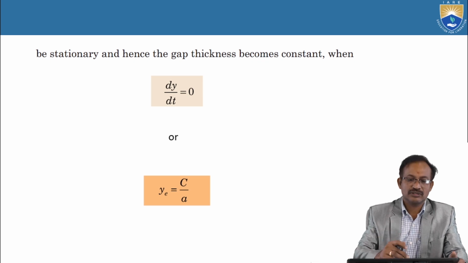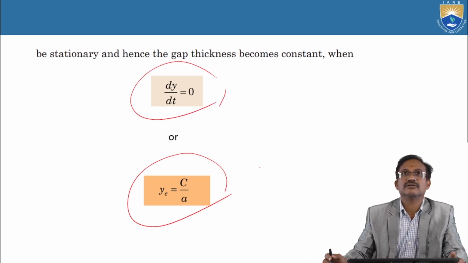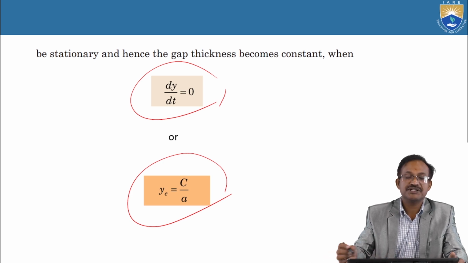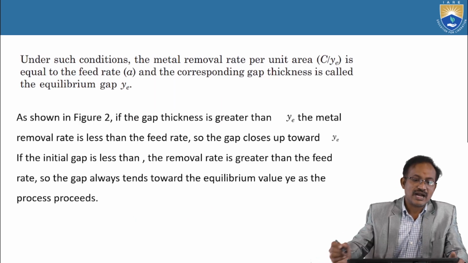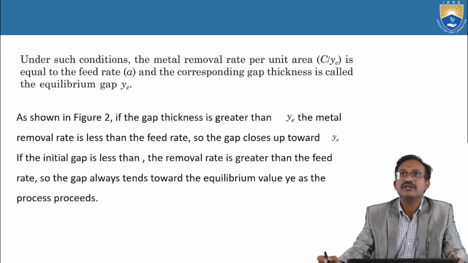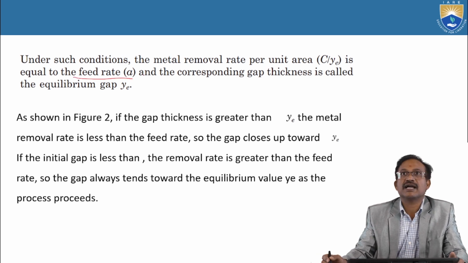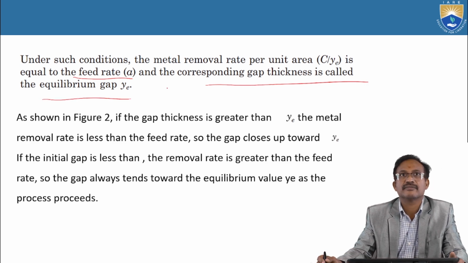Right, so this is the equation at the end, y equal to c by a after differentiating with respect to t and equating to 0. Under such conditions the metal removal rate per unit area is equal to the feed rate and the corresponding gap thickness is called the equilibrium gap ye.